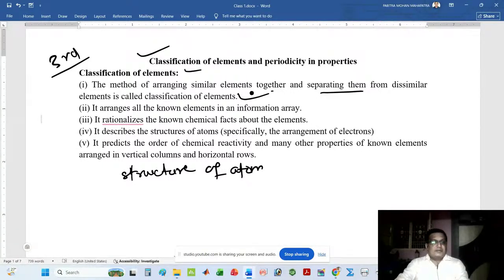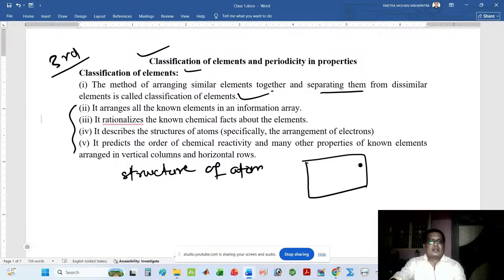Why do we need the classification of elements? There are different benefits of classification of elements. The classification arranges all the known elements in an information block, in an information table. So it is very easy to know about the elements and their different characteristics. What is the first benefit?